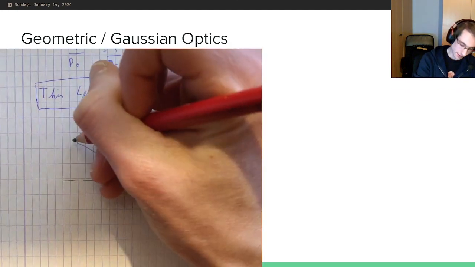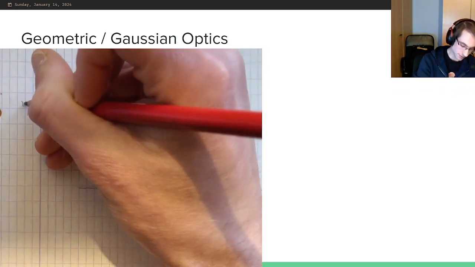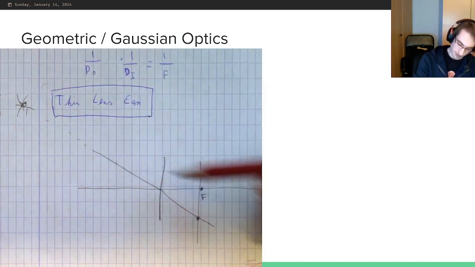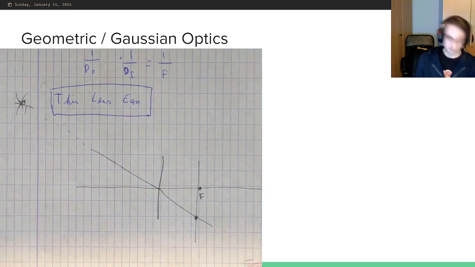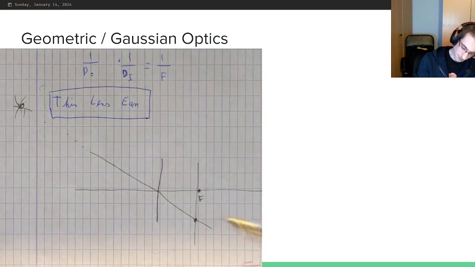If there's a star somewhere in this direction, you can't see the star. This star is going to produce an image right here. And the question is, where does this image go? Well, we can draw a very simple triangle, specifically this triangle right here.